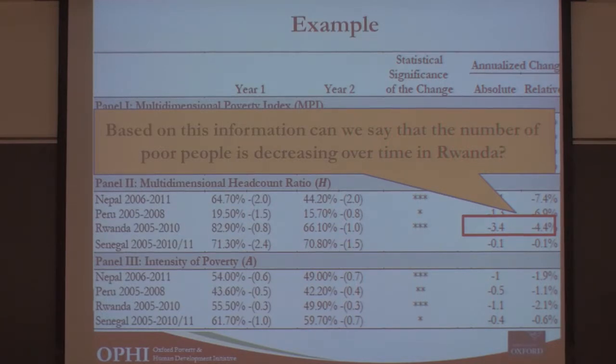Why not? It has decreased, but not this way. Why? Because we don't have the population. We don't have the rate of growth of the population. So what happens? I may be reducing poverty at minus 4.4%, but if the population is growing at 5%, the percentage decreases, but the number increases.